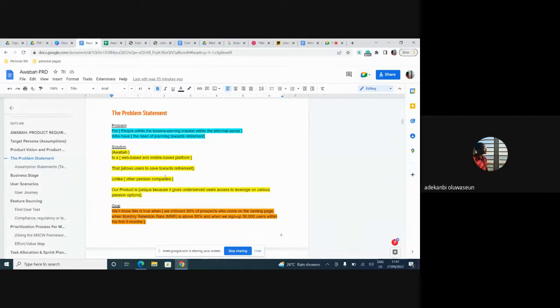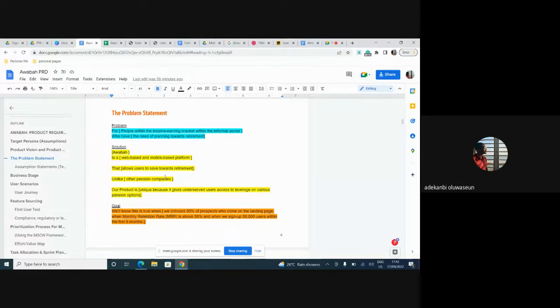Now the second line is saying who have the need of planning towards retirement. So you're not just looking at the people, you're looking at what do they need, right? And remember, I told you that all of these things are going to be validated in your user research, right?